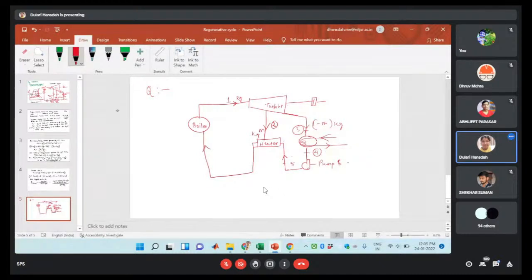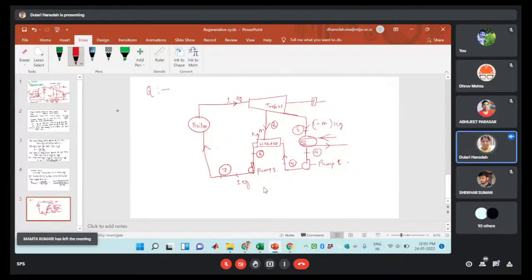Okay, so here we will use one pump. So if this one is the 5, this will be the 6, this will be the 7. So here 1 kg, 1 kg also means, so pump 2.